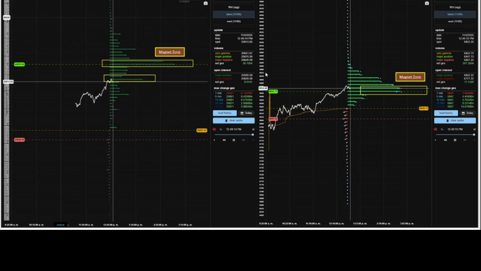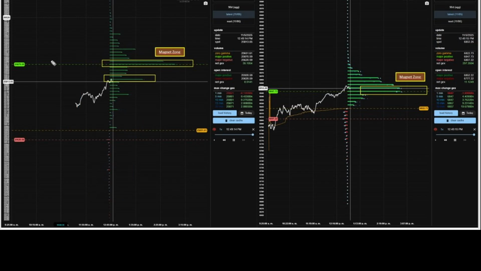Okay, now speaking a little bit about GexBot. GexBot is all about 0 DTE data. As I said before, we want to see an imbalance between negative gamma exposure and positive gamma exposure. What does it mean?